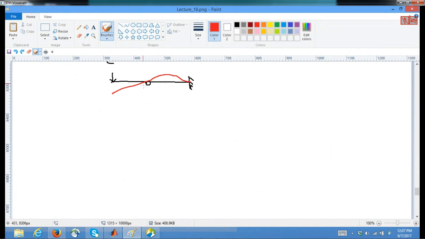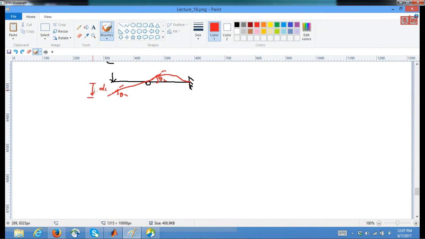So if you look at the things, what we have determined is this is the D1 and this is the theta 1, and this is the theta 2, that we have determined based on the values. You can clearly write it.